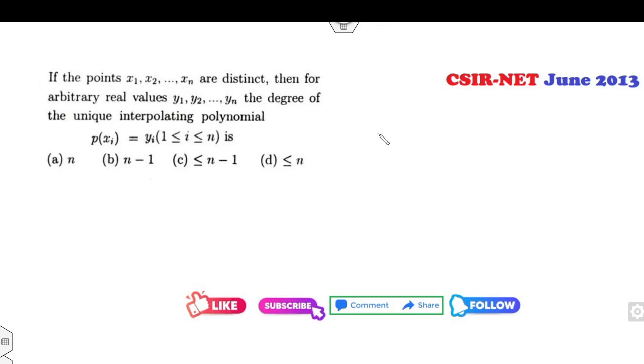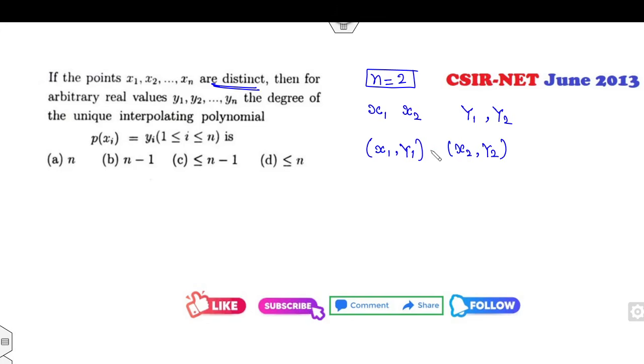If the points xi are given, I can simply choose n equal to 2. Then the points are x1, x2, distinct points. The corresponding values are y1 and y2. So that means your pairs are x1 comma y1, x2 comma y2. Can you draw the line?